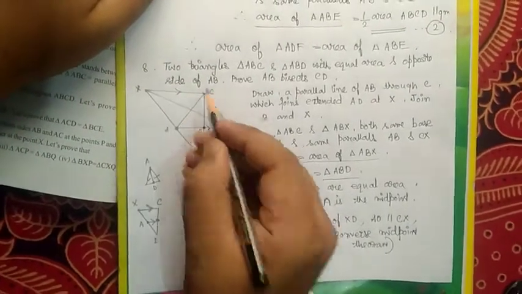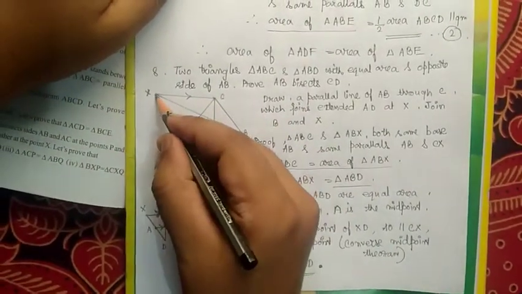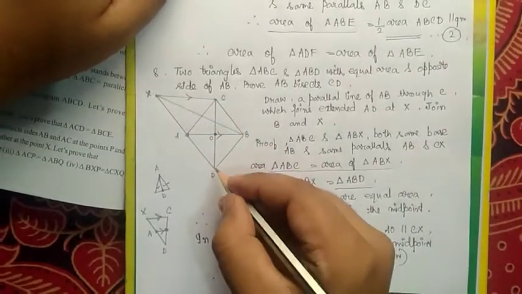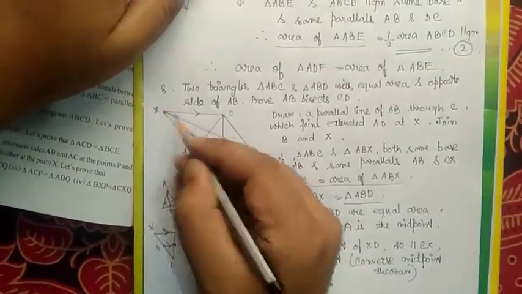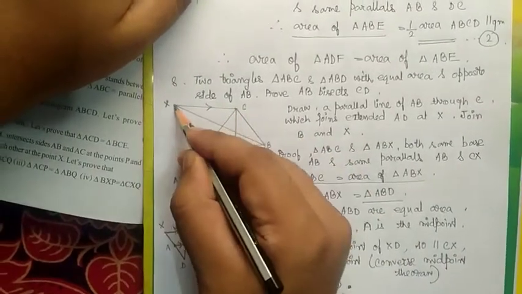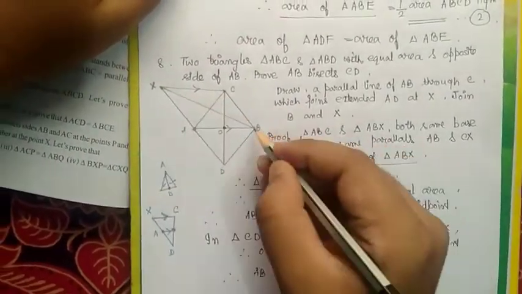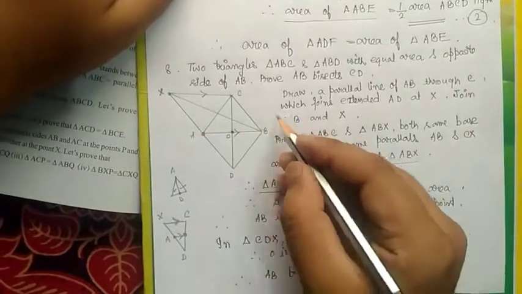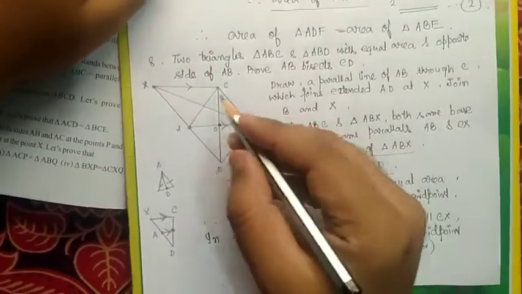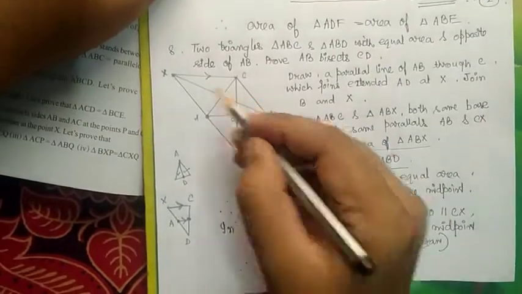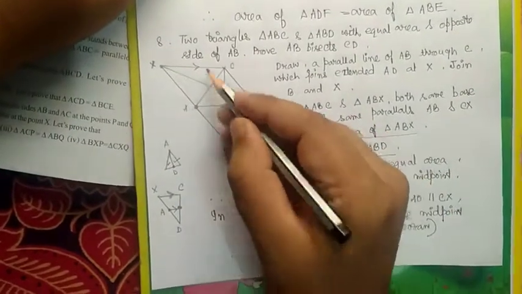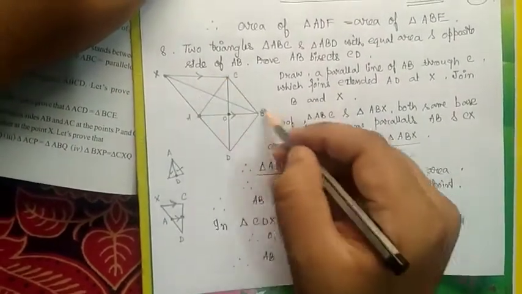This is the parallel line, which cuts at the point X where AD extended meets it. After that we join BX, and we say that triangle ABC and triangle ABX are on the same base AB and between the same parallels, therefore these two areas are equal.